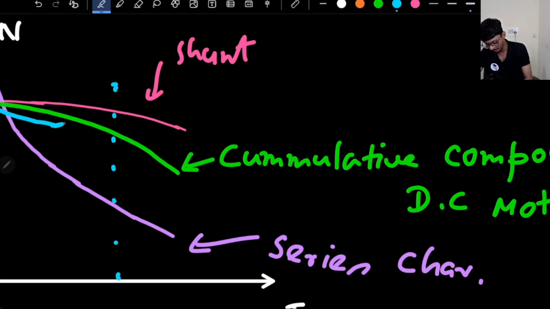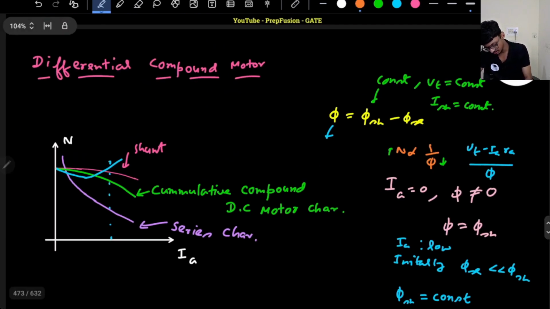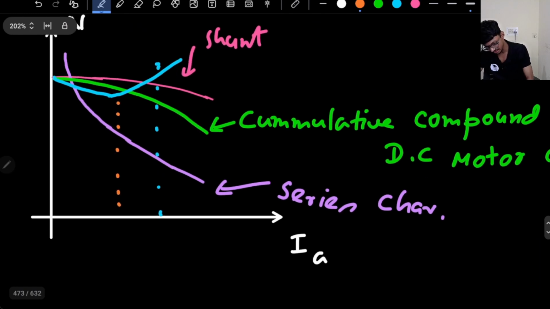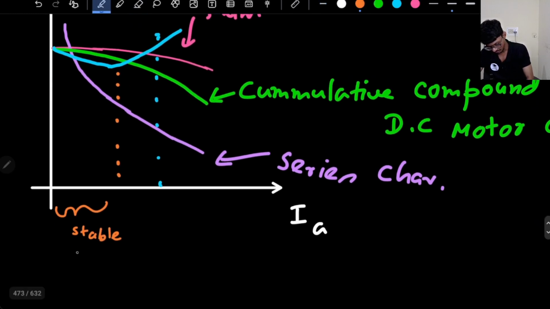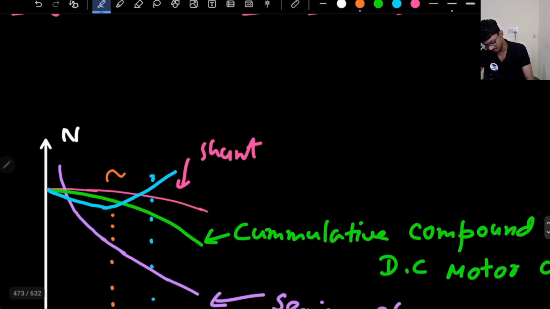In the unstable region, the speed will just keep on increasing because the flux will just keep on reducing. So this is the region for which the motor is stable, known as the stable region, and after this, whatever comes up is known as the unstable region. Why?